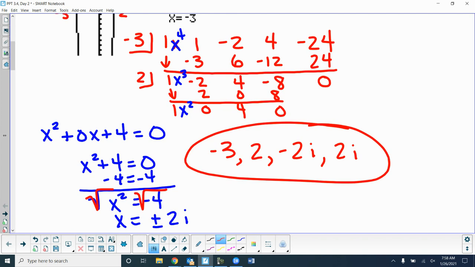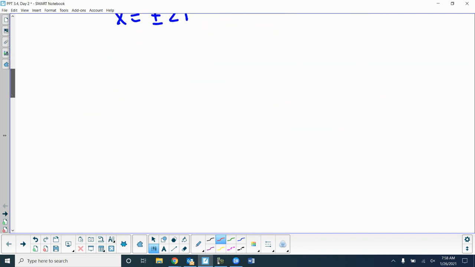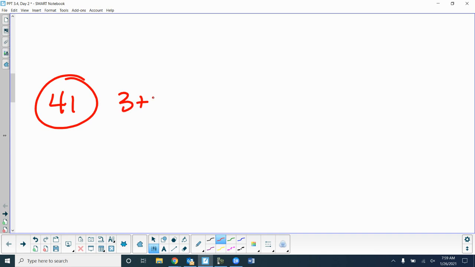Okay, number 41. Some of you are messing this up. Okay, I give you the zeros. They were 3 plus i, 3 minus i, 2 plus 5i, and 2 minus 5i.